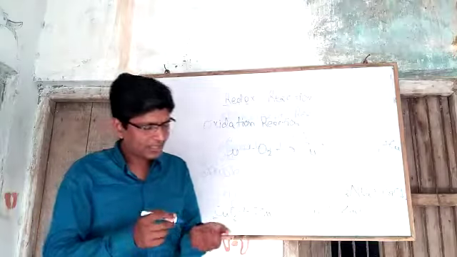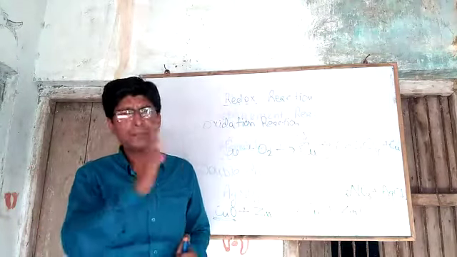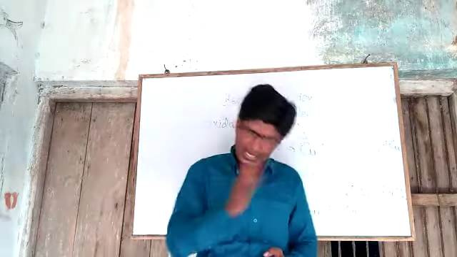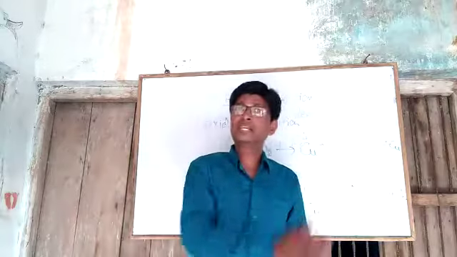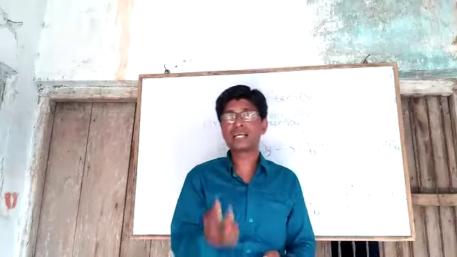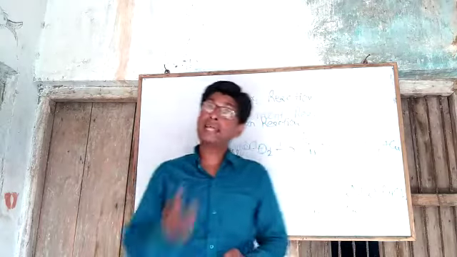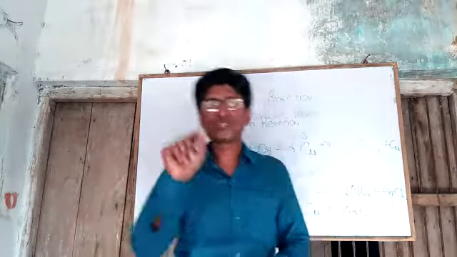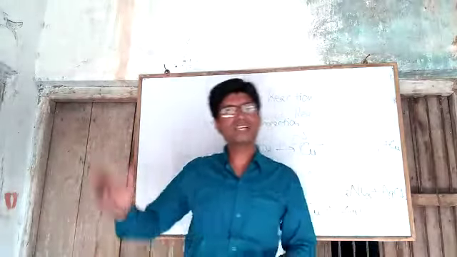Now I think you know the basic things of oxidation and reduction. Very simply, you can say that the reaction in which a substance gains oxygen is called oxidation reaction, and the reaction when a substance loses its oxygen atom is called reduction reaction.